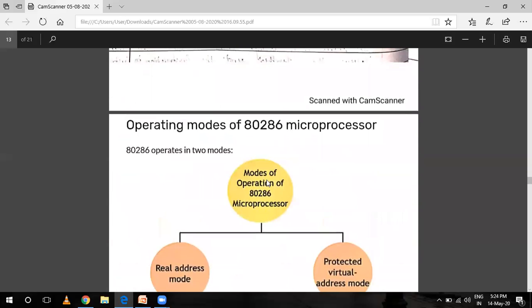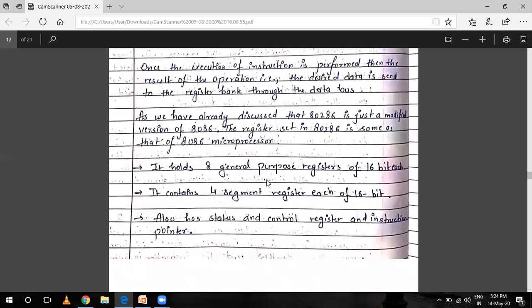Now discuss about the interrupts of 80286. The 80286 microprocessor has interrupts, but whenever an interrupt gets generated in the system, then the execution of the current program is stopped and execution gets transferred to the new program location where the interrupt is generated.